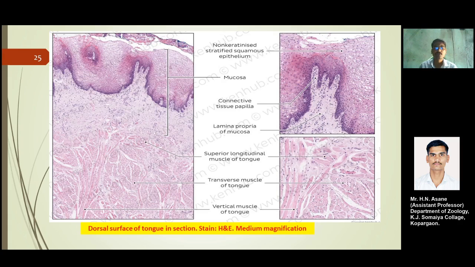These muscles control the growth as well as the flexibility of the tongue within about 10 centimeters. As you can see, this is the coordinating function of the superior longitudinal muscles together with the transverse and vertical muscles.